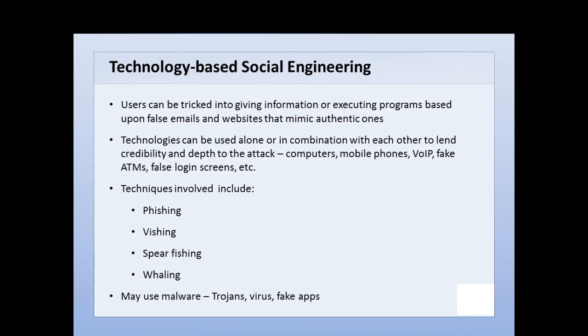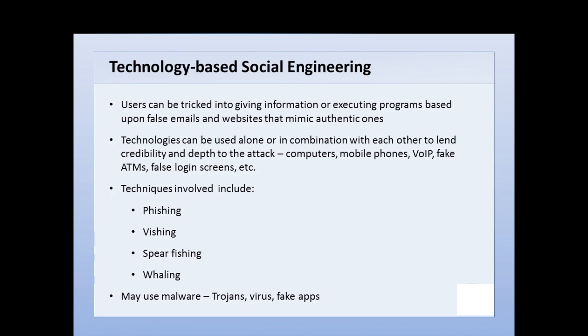One thing that helps a hacker is that sometimes these technologies can be used in combination with each other. And this would lend credibility to the attack and add depth to it. So in addition to getting an email, you also might get a follow-up phone call from someone claiming to be the bank manager, and they might direct you to the same fake bank site. So sometimes you'll get more than one avenue of attack from a hacker in order to convince you that this is a real type of thing instead of a fake thing.